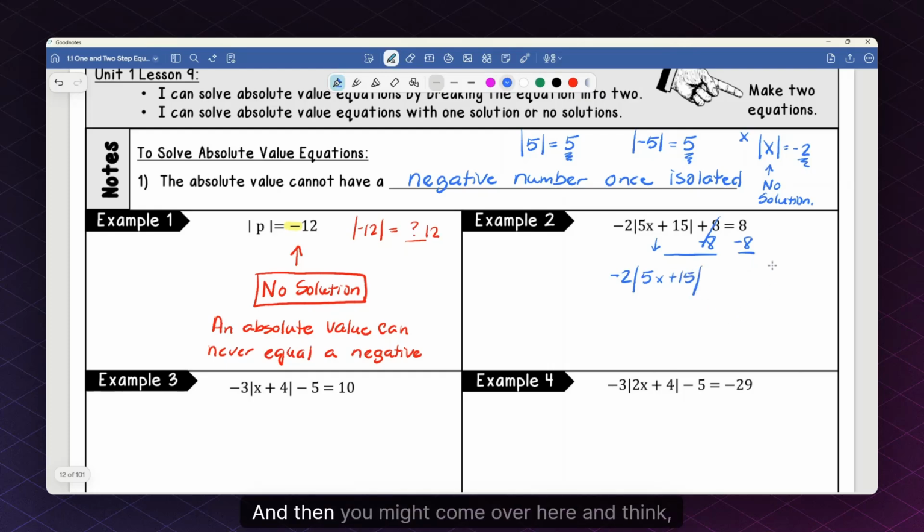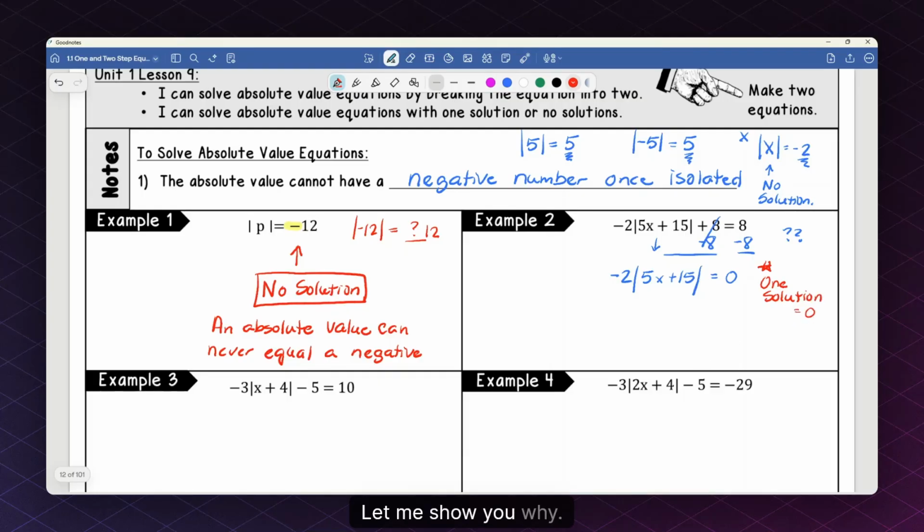And then you might look at this and think, 8 minus 8 equals 0, how do I solve this? Well, this is your situation where there's going to be one solution. You end up having one solution when it equals 0.